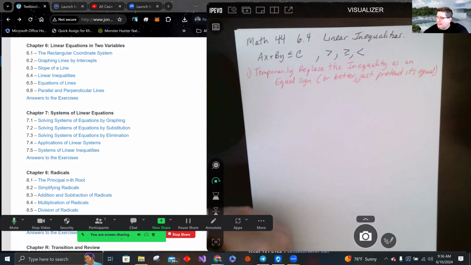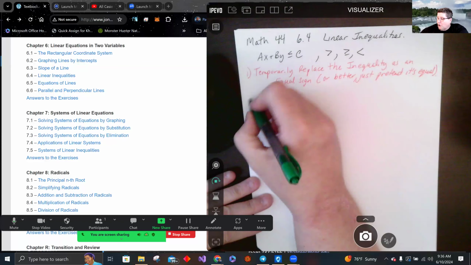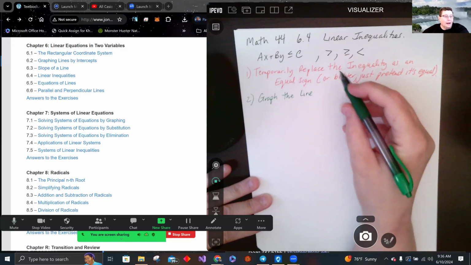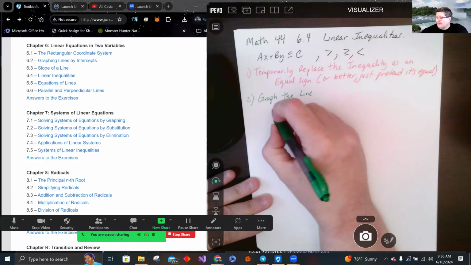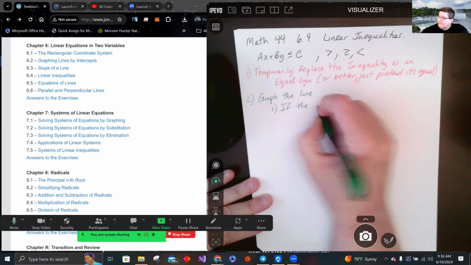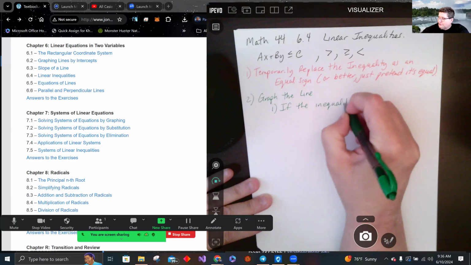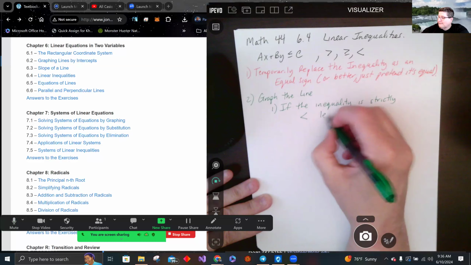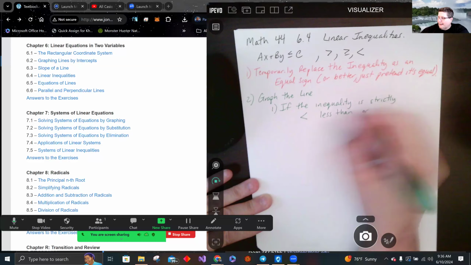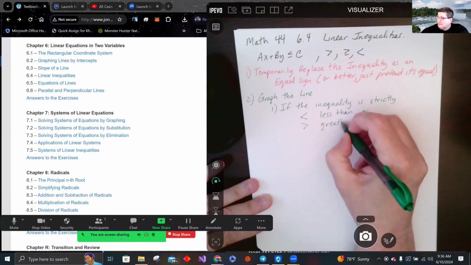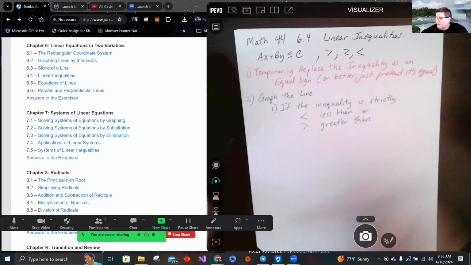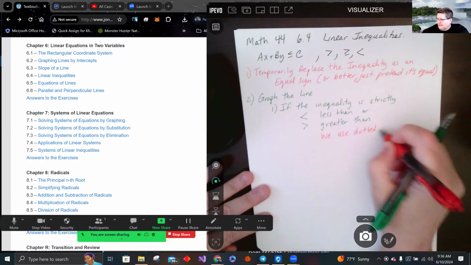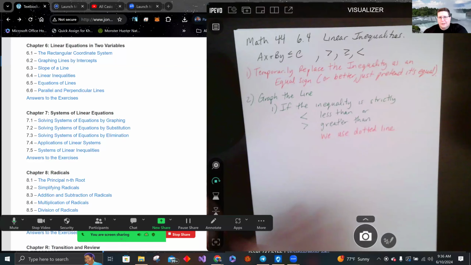And then step two, we're going to graph the line with the following differences from normal. If the inequality is strictly less than or greater than, we use a dotted line, not a solid line like we normally have been doing with linear equations.